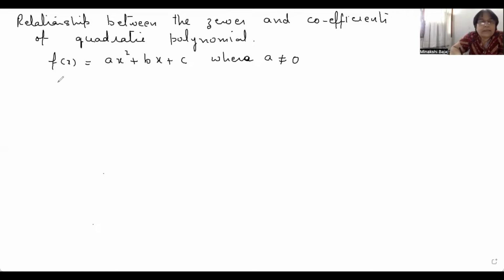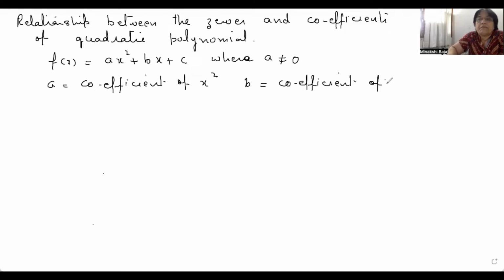Now let me write it here. a is the coefficient of x square. b is the coefficient of x. c is the constant term.